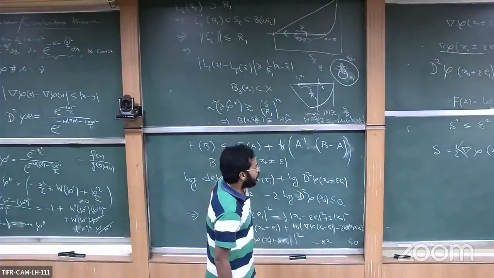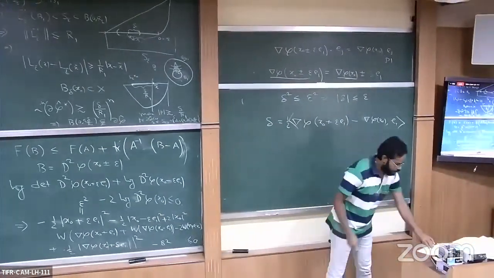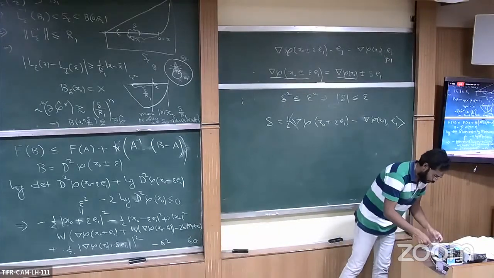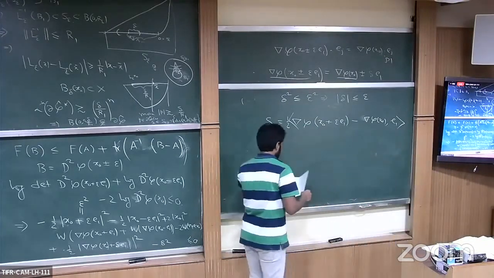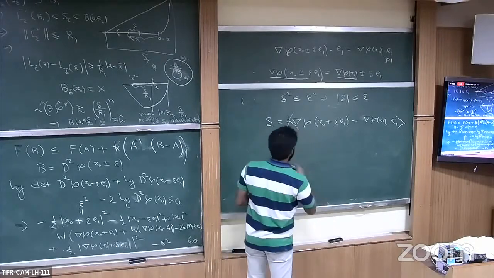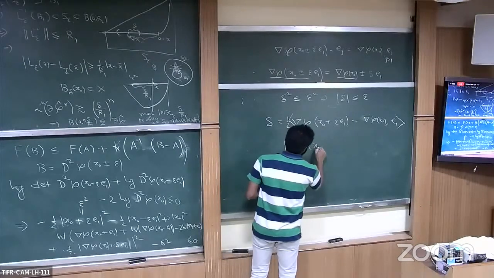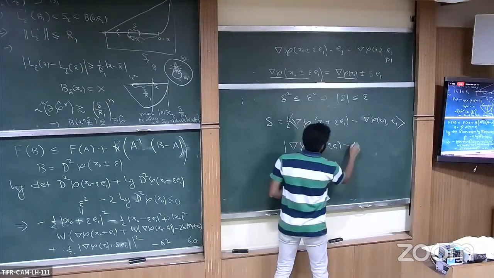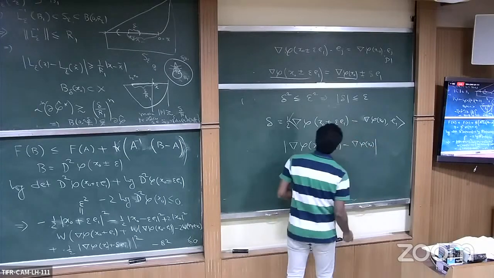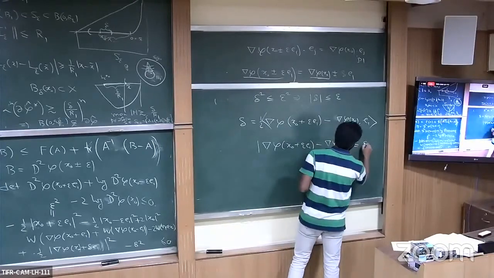Now, if you use the convexity, what you have is the gradient of h naught plus epsilon e1 minus the gradient of h naught. So this is basically your delta, which is less than or equal to epsilon.